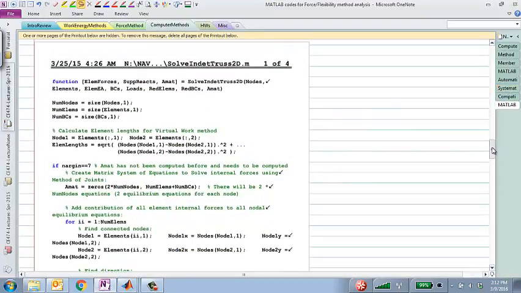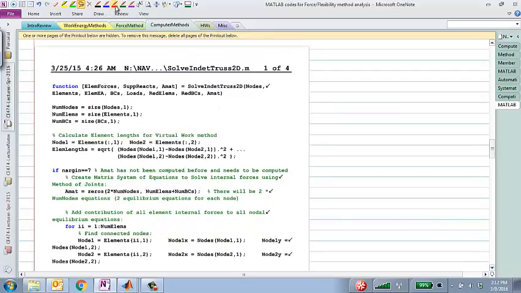The input to this code is node information, elements, element EA information, boundary conditions of supports, the loads, the redundant elements, the redundant boundary conditions, and AMAT. There are 7 inputs to this subroutine. It outputs element forces, support reactions, and also AMAT.